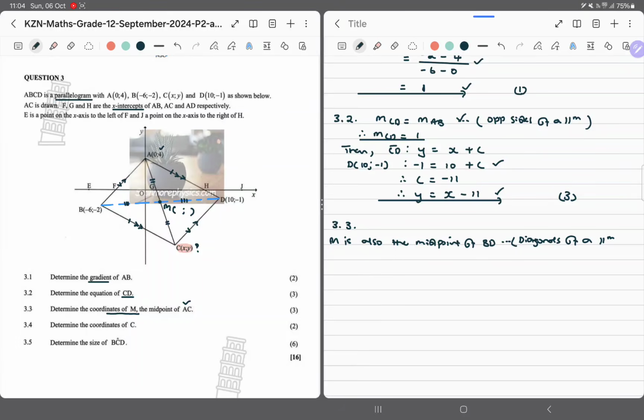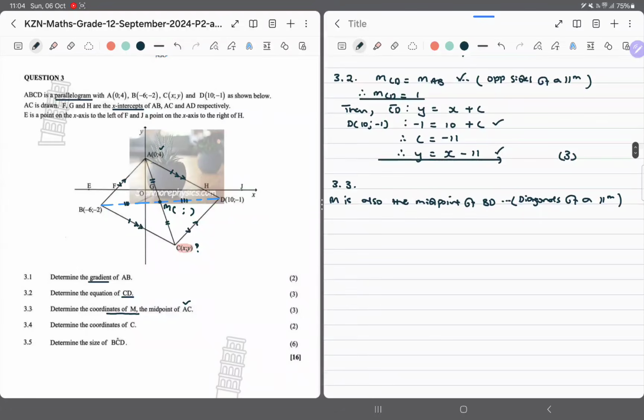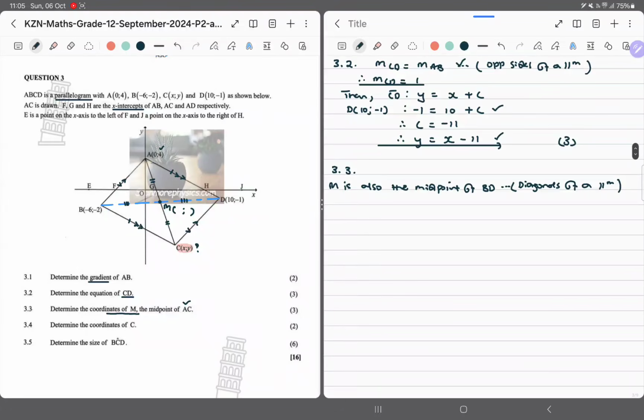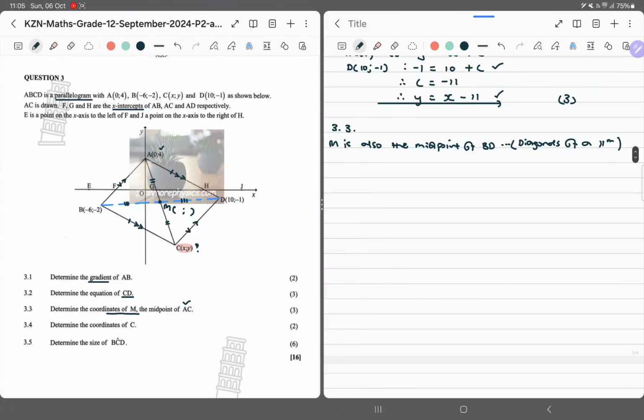But now, if you just wrote diagonals of a parallelogram, it already transmits that information. You don't need to complete that statement and say they bisect each other. You don't want a very long, lengthy, tiring statement, but do it if you feel like you have to, because there's nothing wrong about it anyway. So now this implies that M is going to be x at D plus x at B over 2, is to y at D plus y at B over 2.